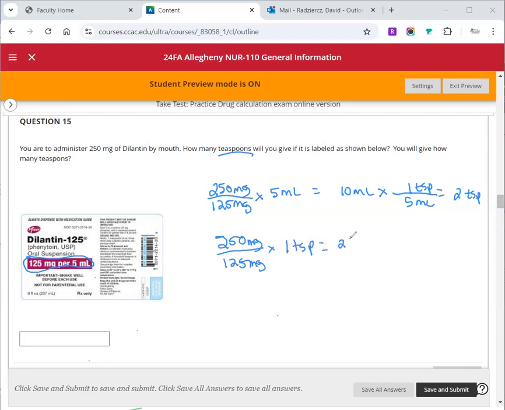And then you'll get 2 teaspoons. Now, here's the thing, you might instinctively want to write 2 teaspoons. I know I do. But I'm just not 100% sure. I didn't check the answer. So if I get them all wrong, then I'll know that I should have put my units.